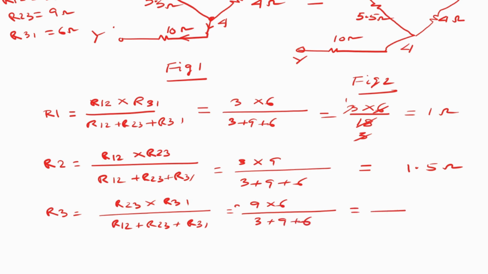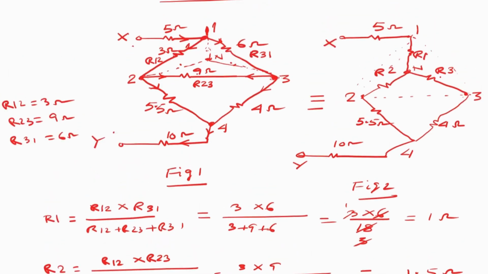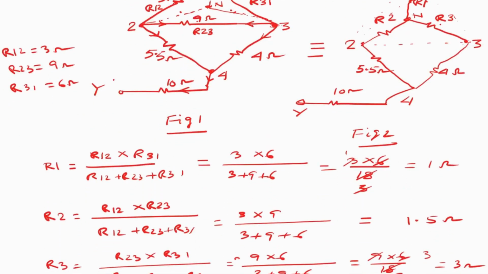The denominator is 18 and the numerator is 9 into 6, so 9 and 18 cancel out to 2, so that is 3 ohms. So you calculate R1, R2, R3: 1 ohm, 1.5 ohms and 3 ohms. So write down here: R1 equals 1 ohm, R2 equals 1.5 ohms and R3 equals 3 ohms.